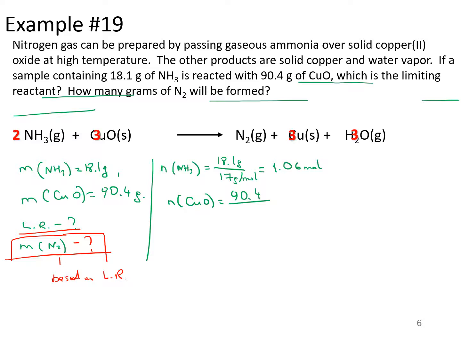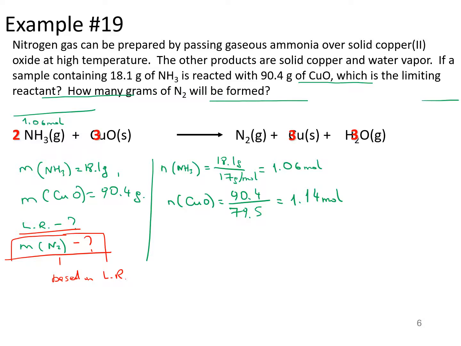Second, I find the moles of the copper oxide, so it's going to be 90.4 divided by 63.5 plus 16. Yeah, it's one oxide, right? So I have 79.5, and now I have 1.14 moles of the copper oxide.